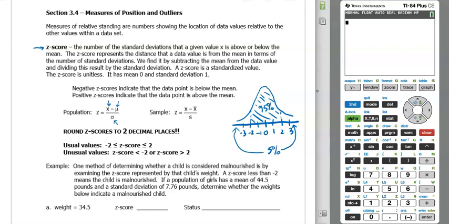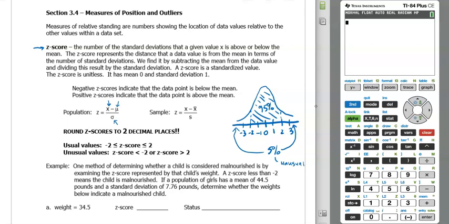And this is going to be a convention for us that by default, if something is 5% of the data, or if a data value has less than a 5% chance of occurring based on this empirical rule, then that's going to be considered unusual. 5% or less is unusual.